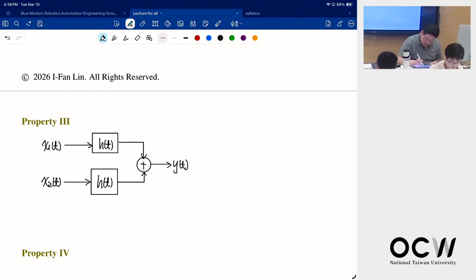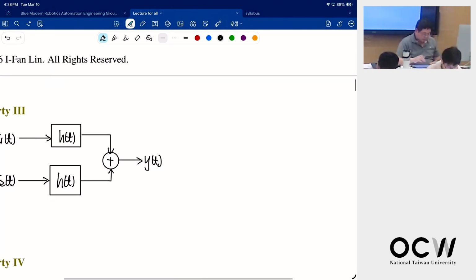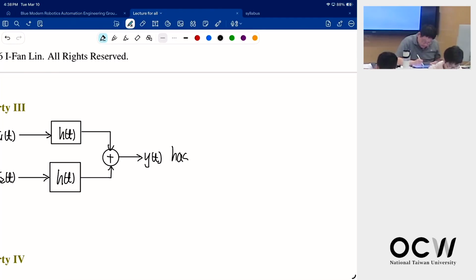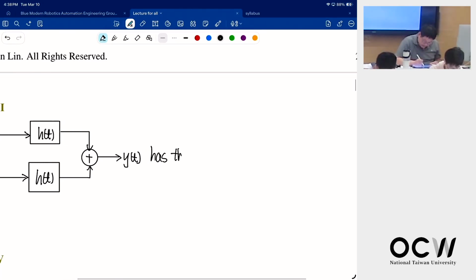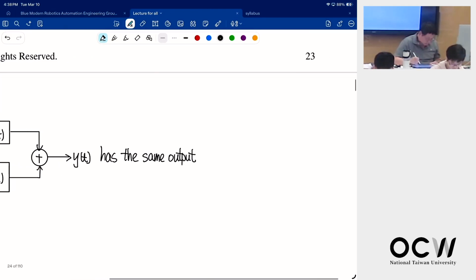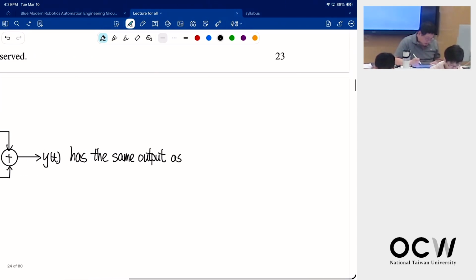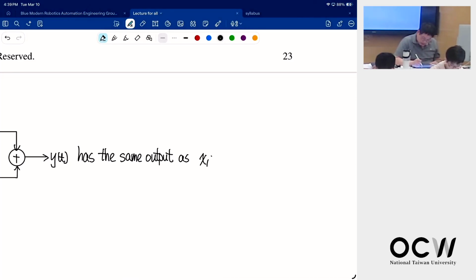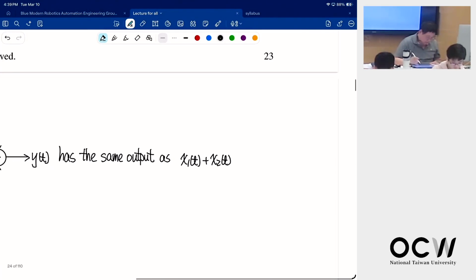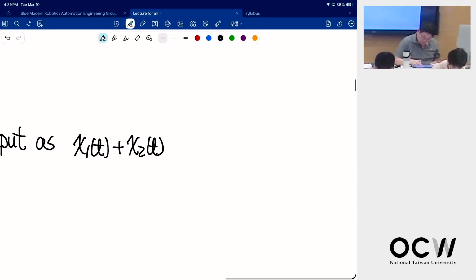In this case we also have the same output as if I just combine the input first and then send it to the system h.